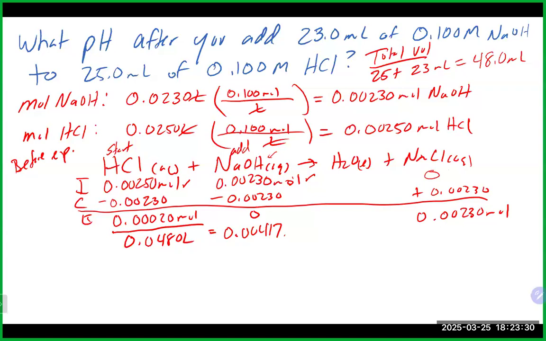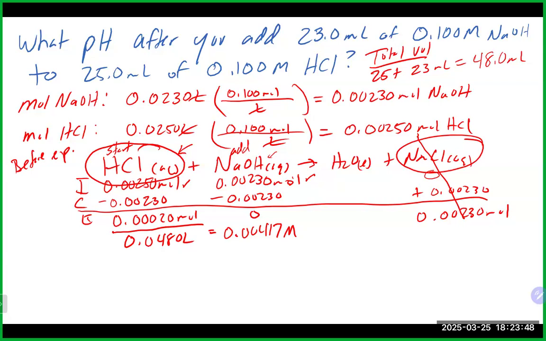When I look at this table, I can see what I have left: the sodium chloride and the HCl. As we talked about before, sodium chloride is neutral, so we don't need to worry about it. So once again, it's really just the HCl here, which is our strong acid.